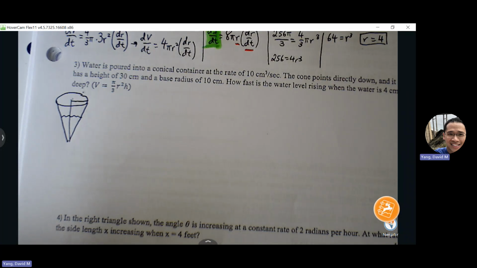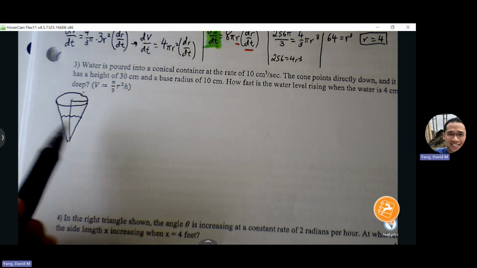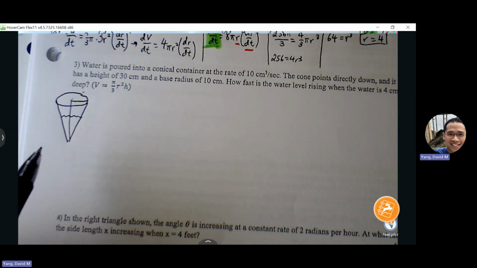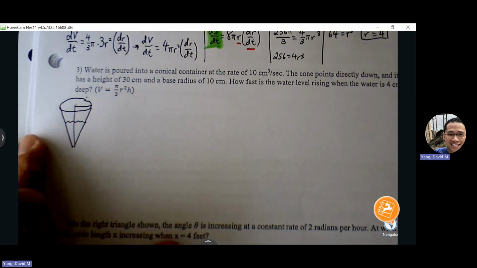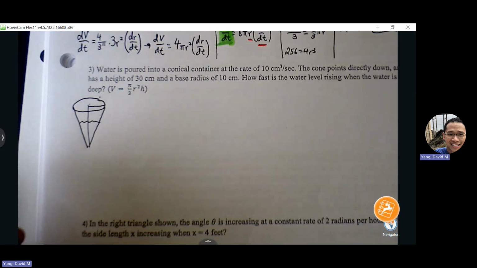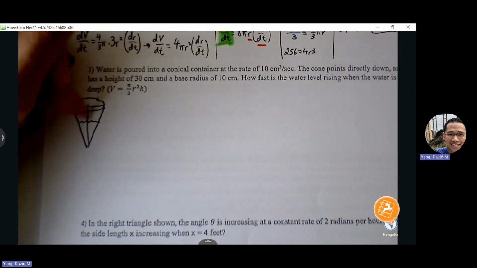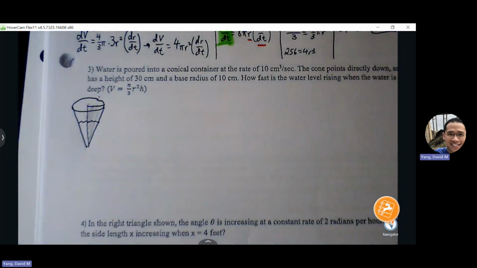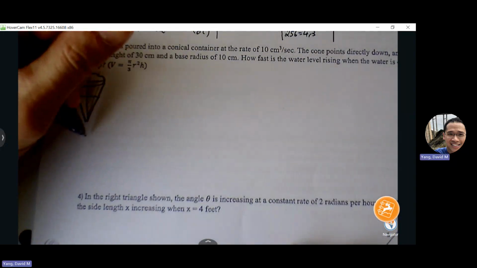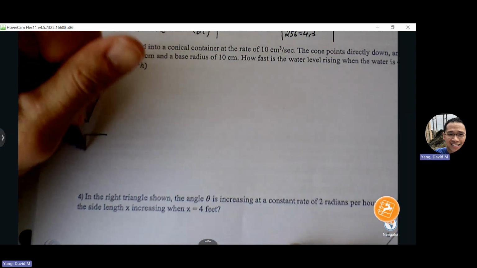So as water is being poured in, you can expect the height of the cone formed by the water is increasing, and also the radius formed by the water level inside the cone is also changing. So if we just focus on this right triangle portion of our problem, we can build out the relationship that we have for our similar triangles.